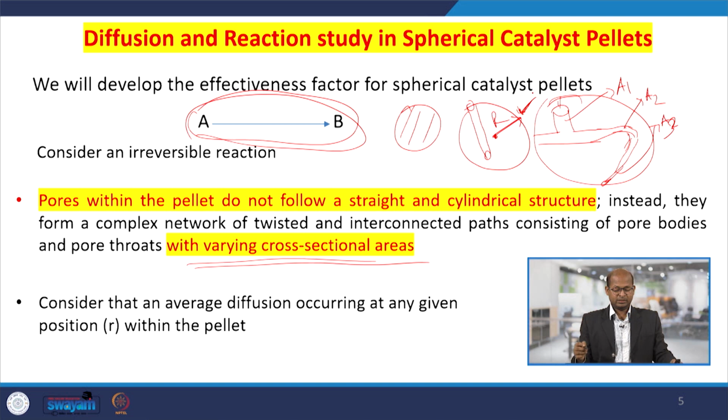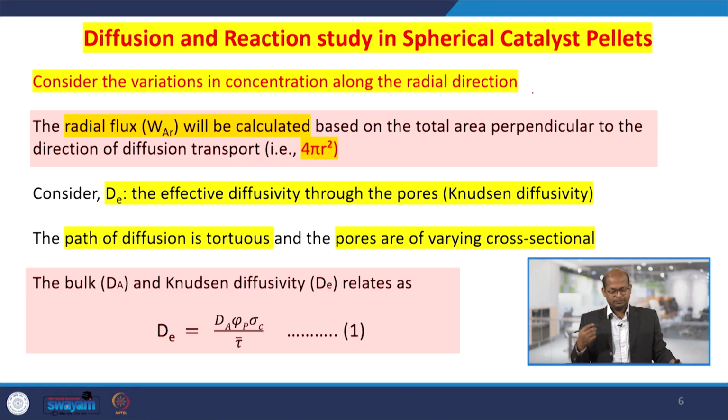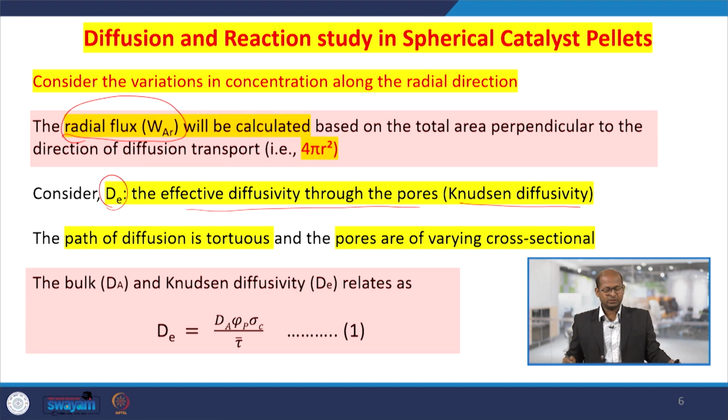Here we will consider the radial flux, that is, the variation of concentration in the radial direction. Here dE is the effective diffusivity through the pores, also called Knudsen diffusivity. These are the terminologies I am discussing, and we will discuss the details later.